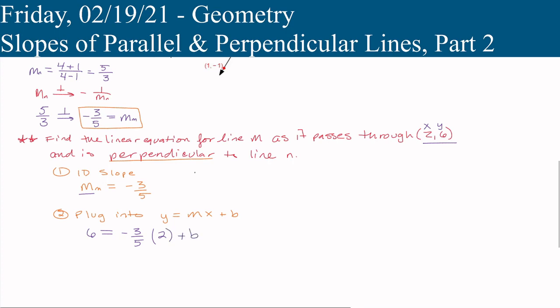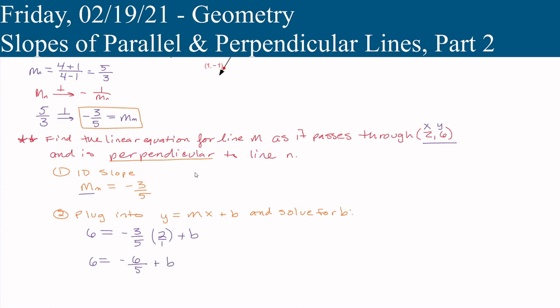Now we have to solve for b. So let's do that. I'm just going to multiply across here. So 6 is just along for the ride equals negative 3 times 2 is negative 6 over, and then there's an invisible 1 there in the denominator for 2. 5 times 1 is 5 plus b.